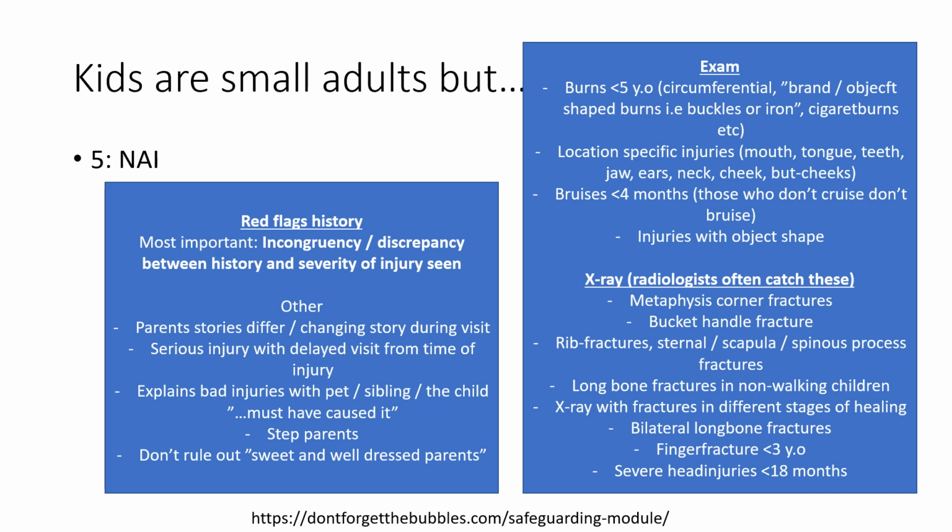I cannot remember the details because it's been some time. But when you hold them on the thorax, they get rib fractures, and they have to be a certain age. And once they get a bit bigger, you hold them on the shaft of the humerus, and then they get those kinds of fractures, and so on. So there are certain mechanisms that go along with a lot of these.